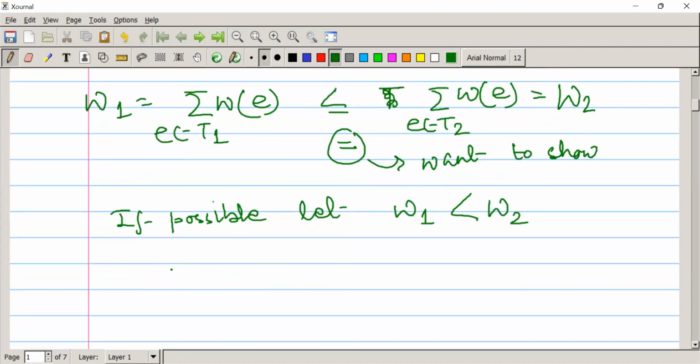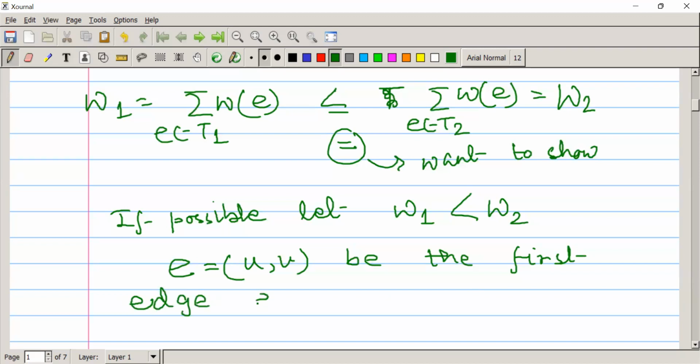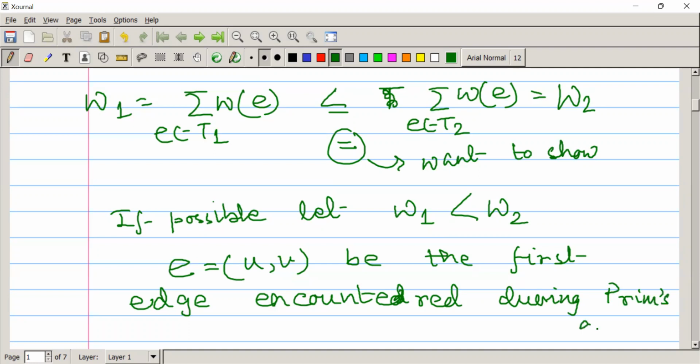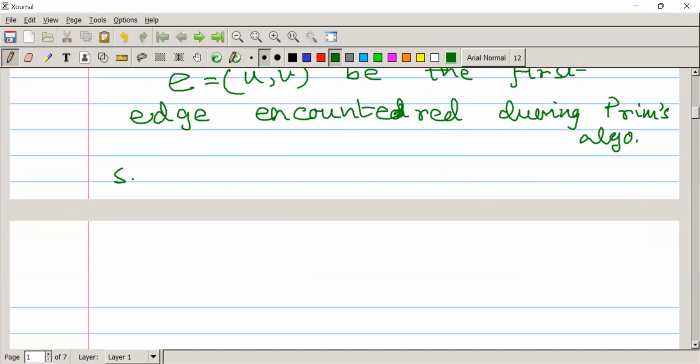And say E equal to UV be the first edge encountered using Prim's algorithm such that E is in T2 but E is not in T1.